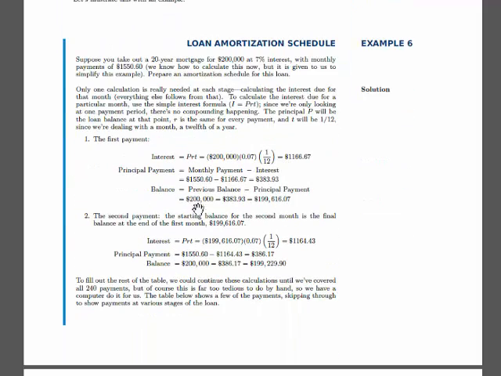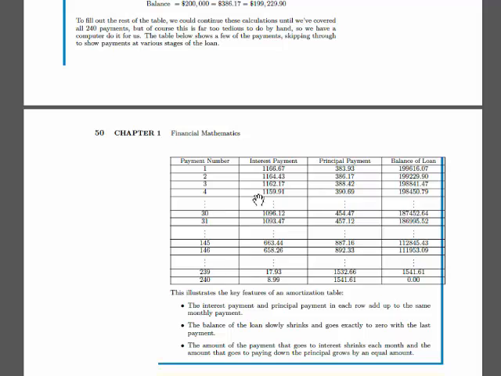But we have an example here where we calculate each of the parts of the table and fill them all in, and then we show beyond that what this table does. So notice as we go, the idea is that each payment is a fixed amount, but as the balance drops, the interest that's owed each time drops, and so the amount that goes toward principal can rise at the same rate.